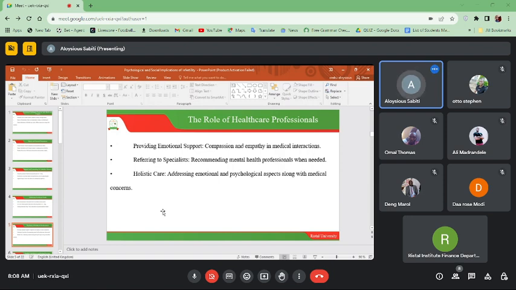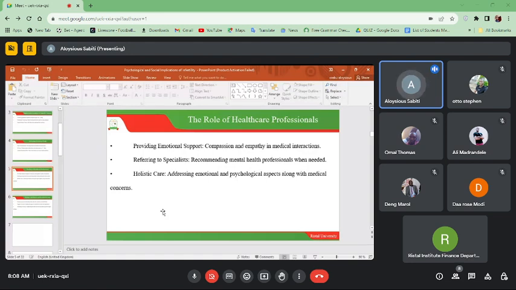health professional. Then we look at holistic care, addressing emotional and psychological aspects along with medical concerns. So whereas you're looking at the person as a psychological victim, you should also be able to address their medical concerns. Sometimes they may ask you whether there is no solution for this kind of infertility, like taking drugs and so forth.